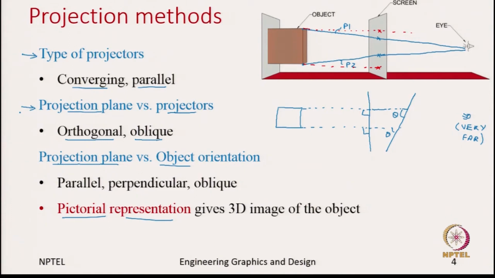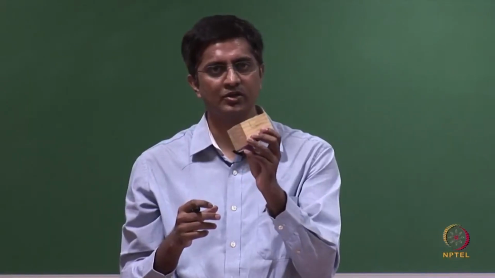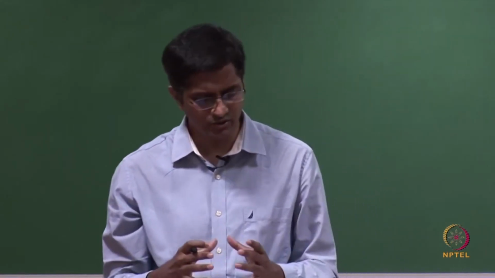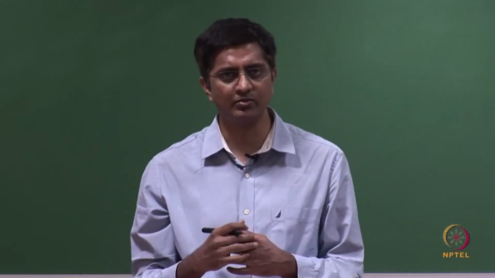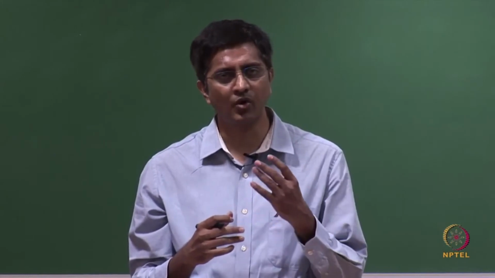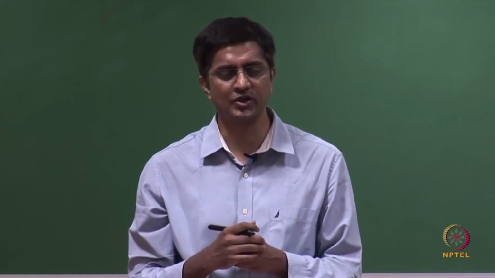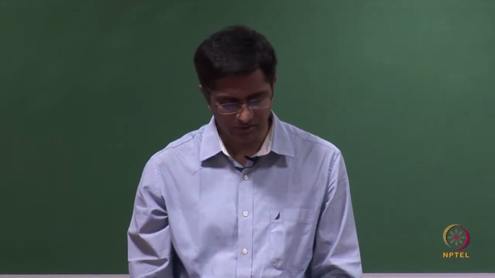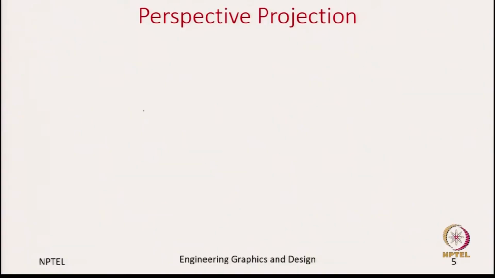And finally, the orientation of the object also defines what kind of projections we are doing. So, let us get started. As you can see, there are several possibilities, but we will be looking at 4 important projections which are commonly used in engineering drawings. We will start with the perspective projections.